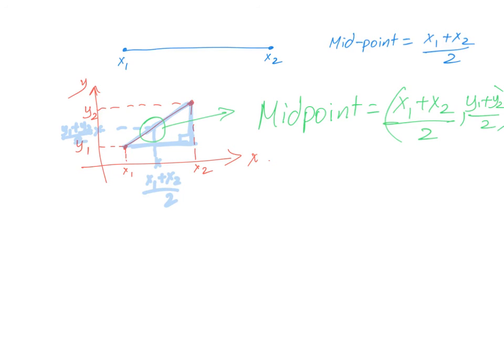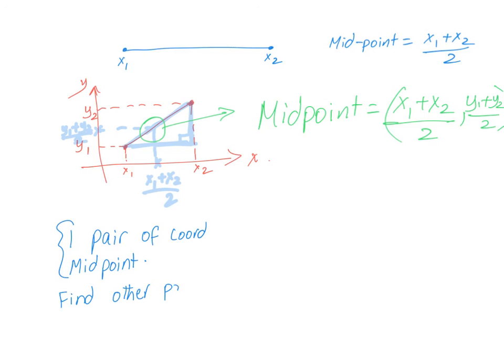And the last case that we have is if we have one pair of coordinates and the midpoint, and we are trying to find the other pair of coordinates. This is our question.